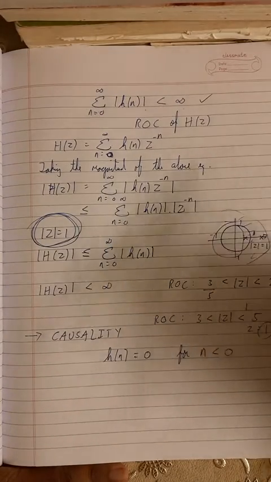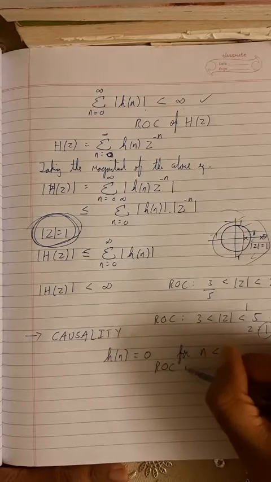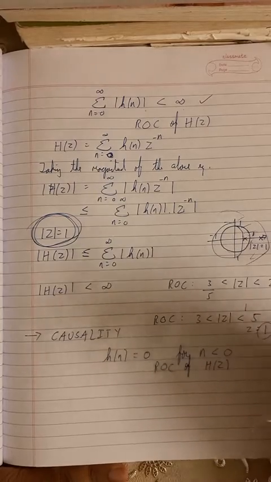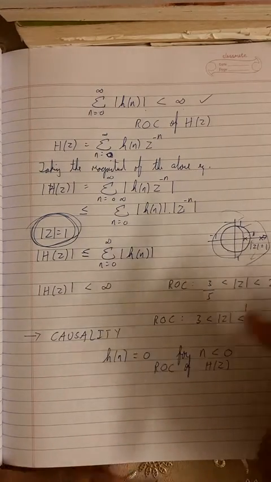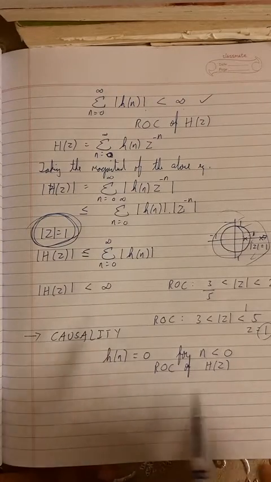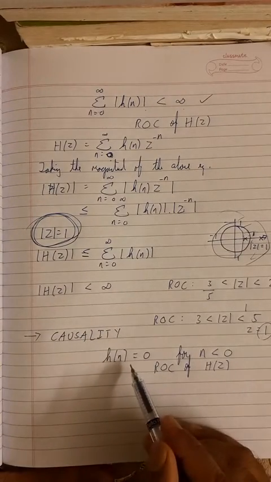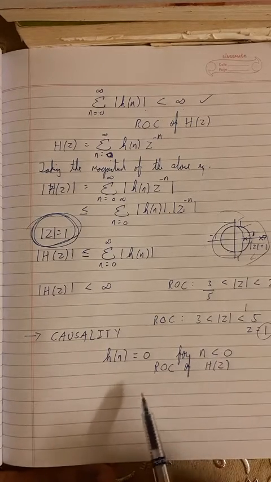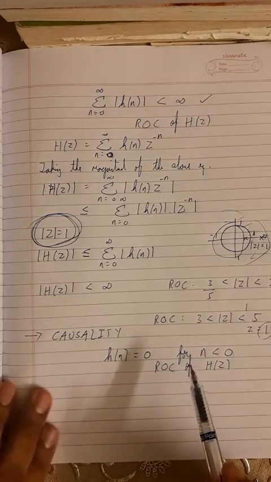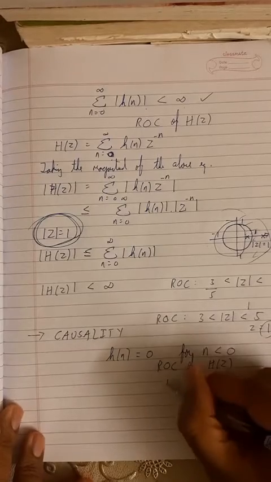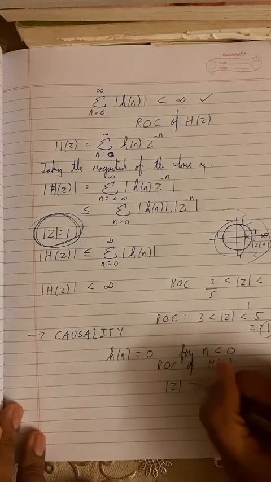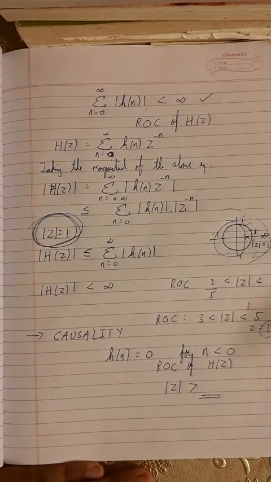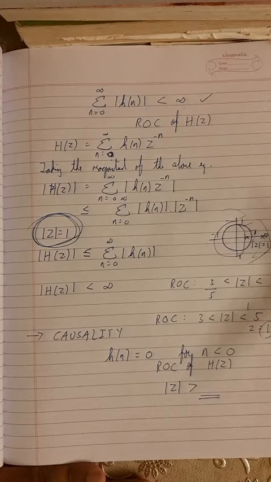So now how will I check from the region of convergence of h of z whether the system is causal or not? To find that, all you need to do is apply the same procedure. Here h of n is equal to 0 when n is negative. So just check whether the magnitude of z is greater than the outermost pole of the transfer function h of z.